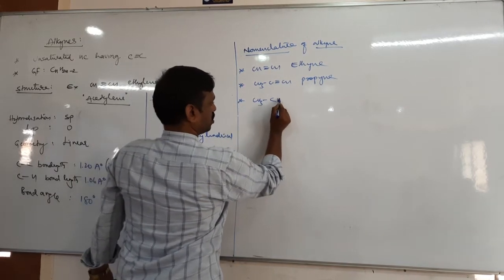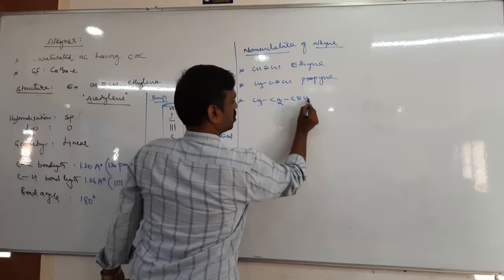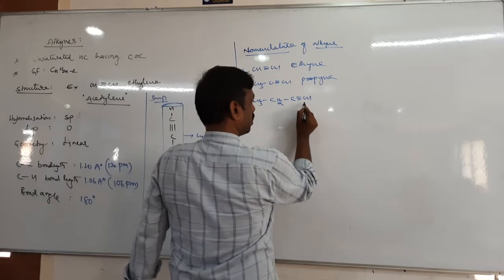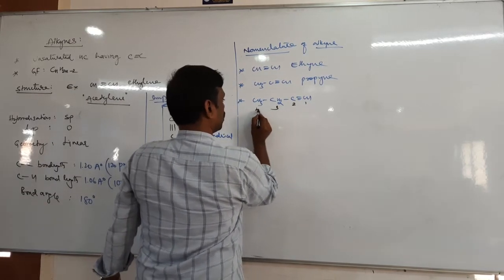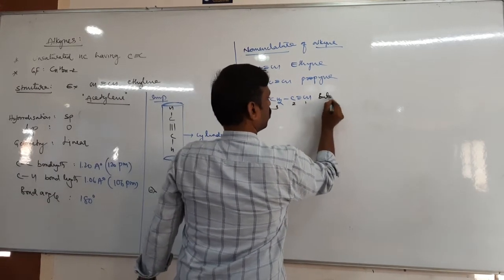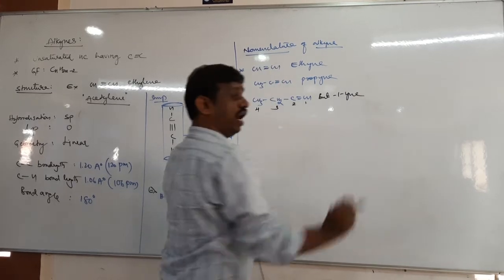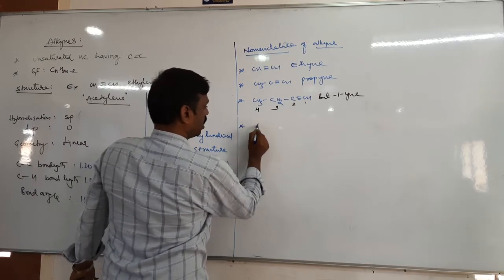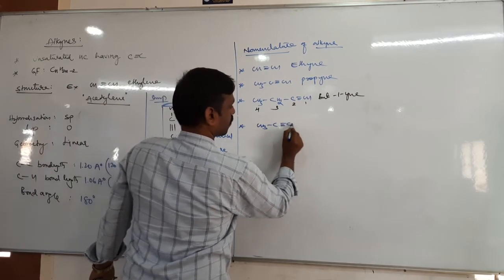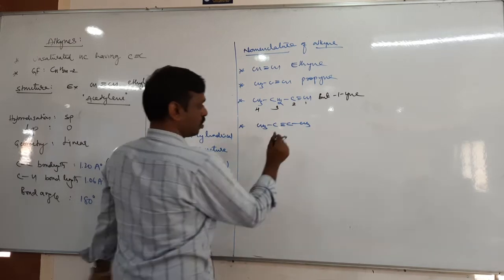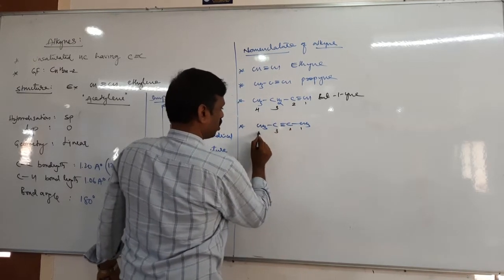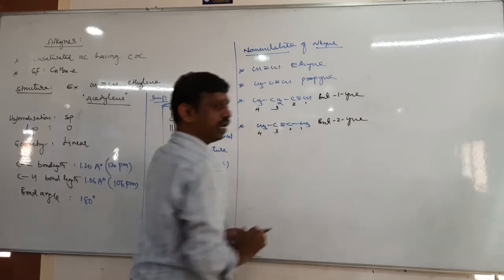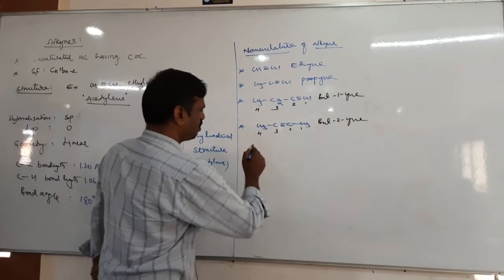CH3 CH2 C triple bond CH. Now tell me, this is what? Butane, which butane? It is but-1-ine. Next, can you write but-2-ine? Numbering 1, 2, 3, 4. This is but-2-ine. So like that, many more examples can be written.